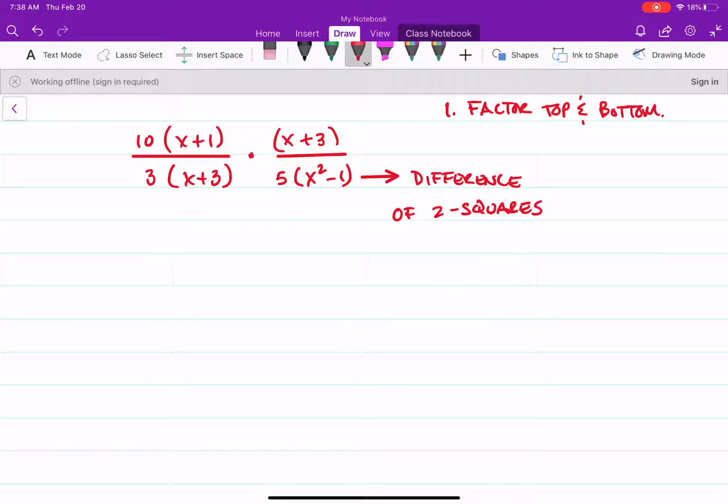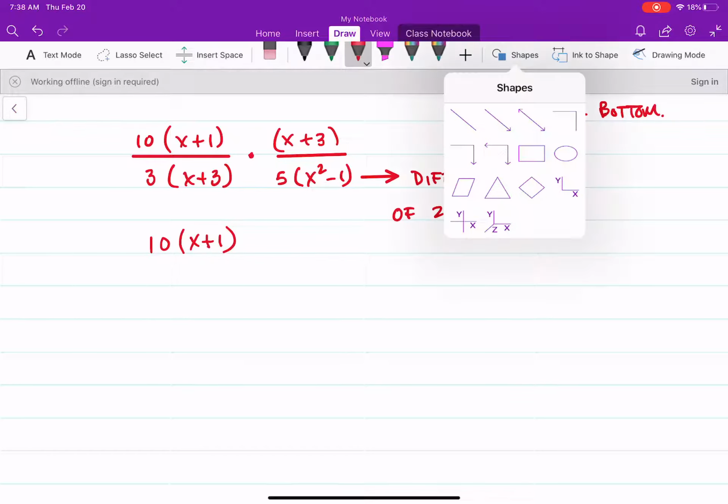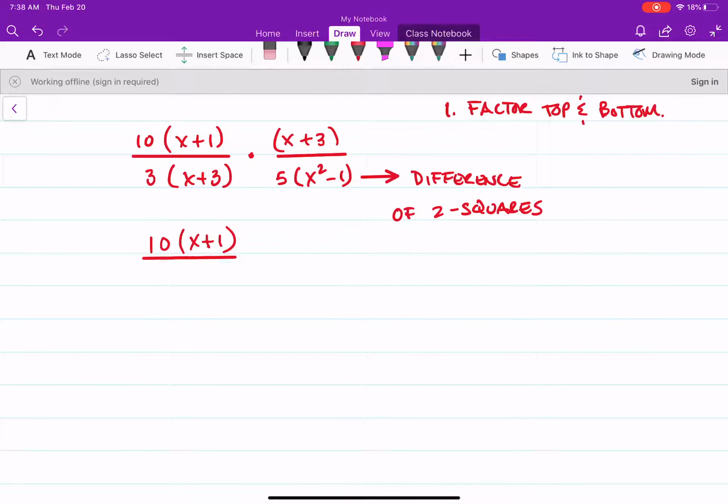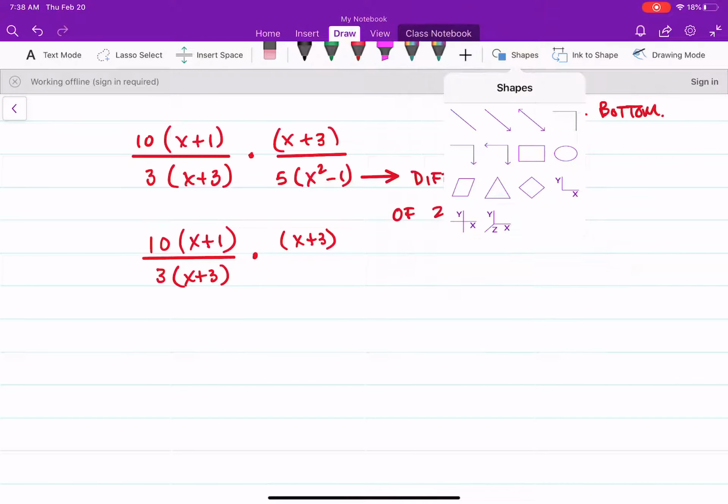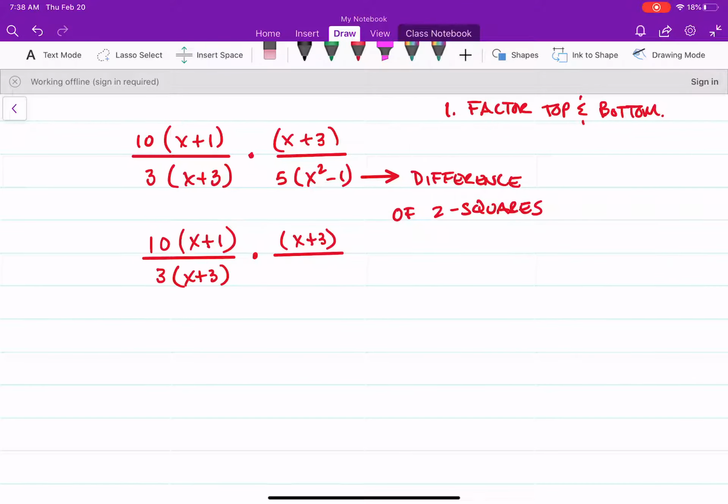We have to rewrite this: 10 times (x plus 1) over 3 times (x plus 3), times (x plus 3) over 5 times (x minus 1) times (x plus 1).